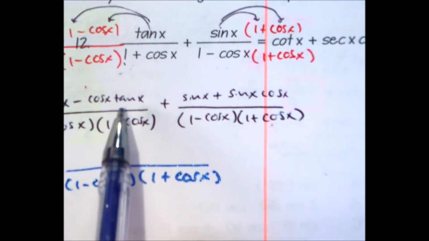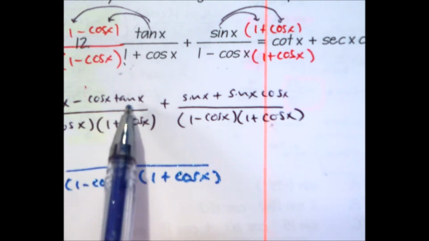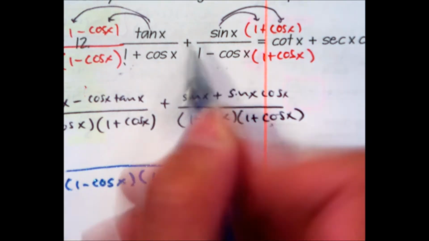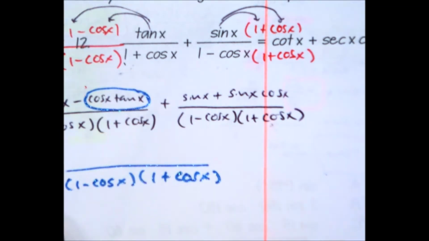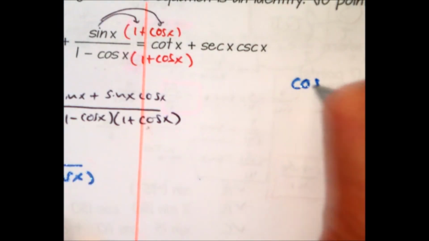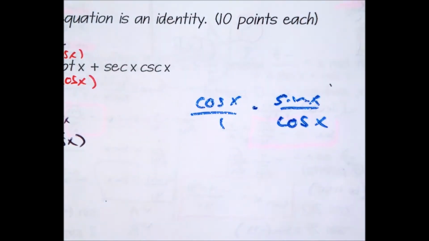Let's look at this one. Cosine times tangent, if you do that on the side, what happens?